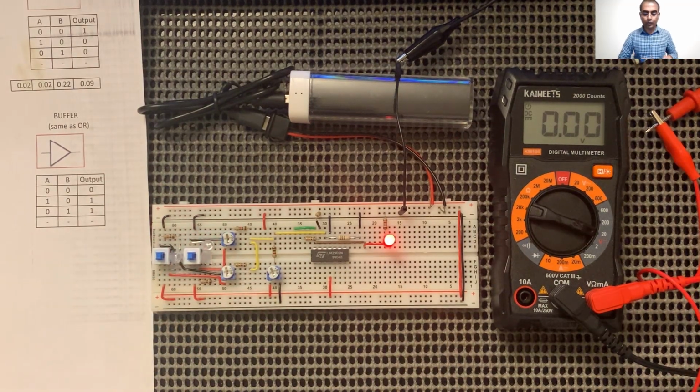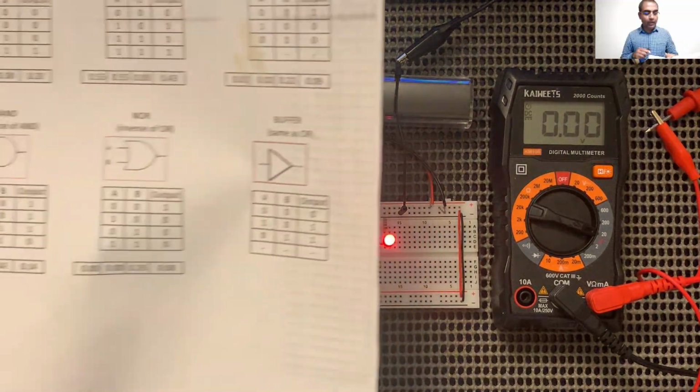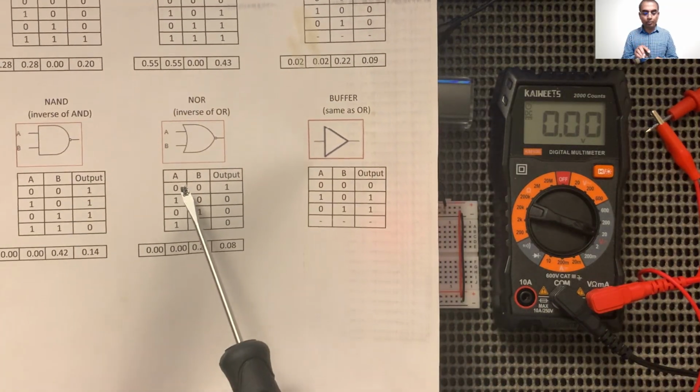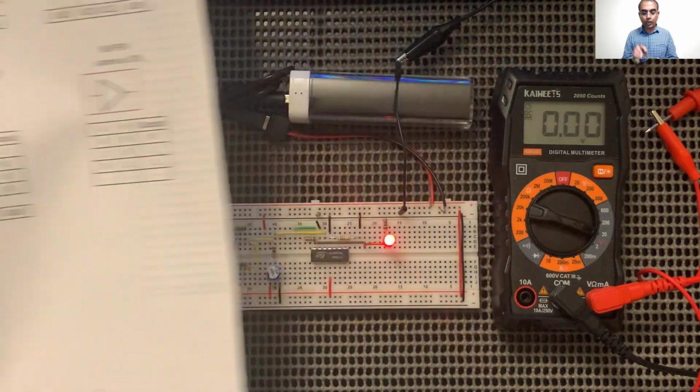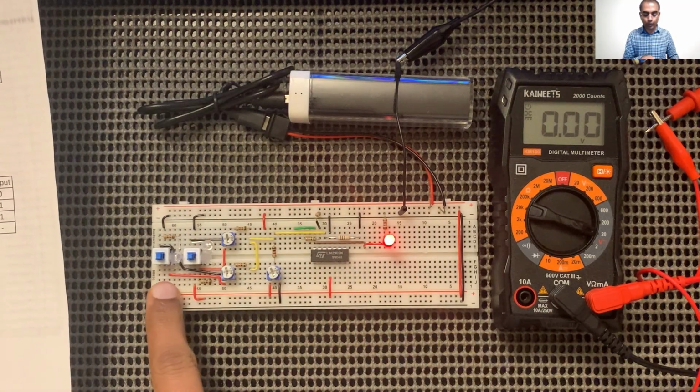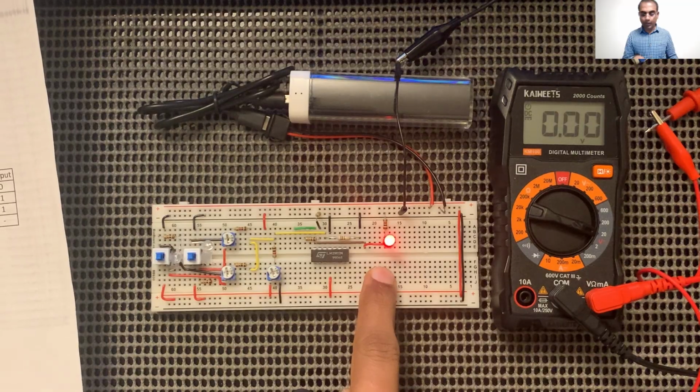Oh, okay, I think now it works. So when there is no input on A and B, we should see an output, and that is what is happening now. No input on A and B, and I'm seeing an output.